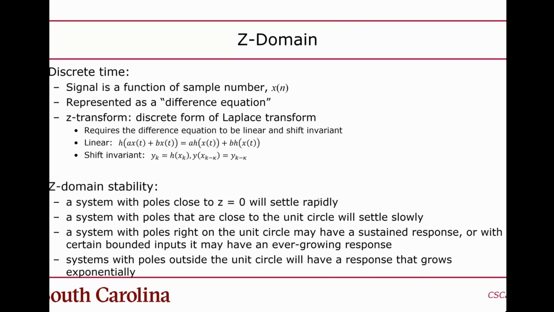And then these are built up like you would a differential equation, but they're called difference equations in the discrete space. And so when you take a Z transform instead of an S transform of a difference equation, you end up with a system that's similar to an LTI. It's also linear. It has to be linear and shift invariant instead of time invariant.